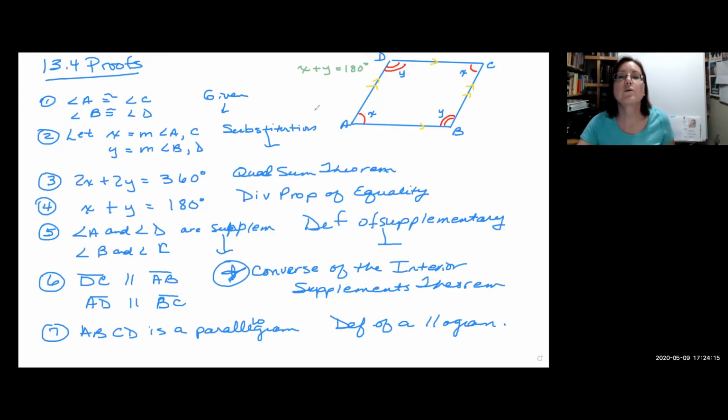Okay, so I'm actually going to put up another one here. I'm going to do the second proof on the page, and this one again has to do with a parallelogram type proof. Actually, it doesn't tell us it's a parallelogram. We're trying to prove that, but I'm going to draw another parallelogram because obviously that's what we're hoping to prove.